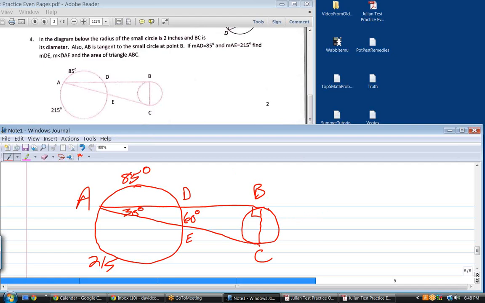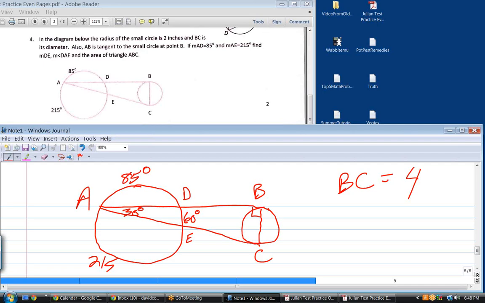The radius of the small circle is 2 inches, so BC is 4, right? And what kind of triangle is ABC?